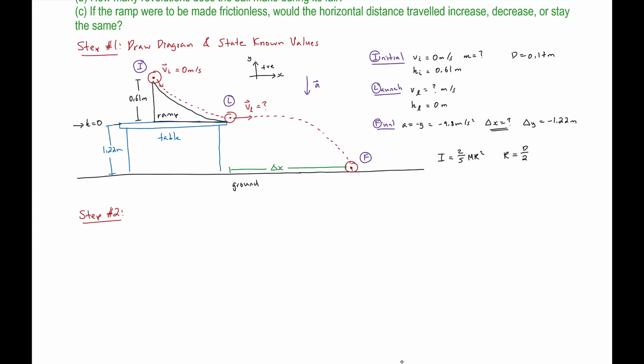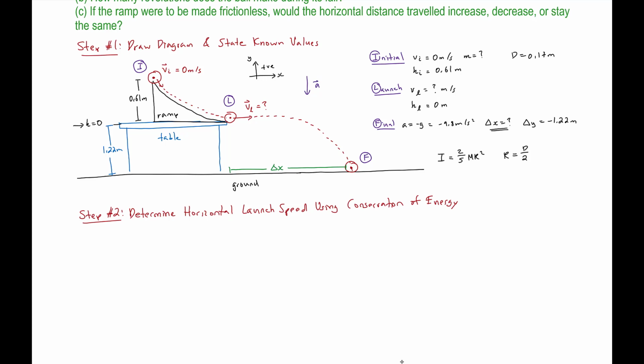In step number 2, we really want to determine the horizontal launch speed. The only reason we want to use conservation of energy here is because we're told that the launch speed is completely horizontal, which means that whatever happens, your final speed is going to be fully horizontal, and we don't have to worry about any vertical components.